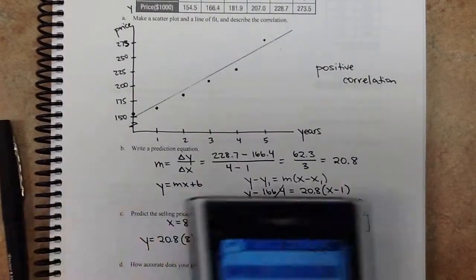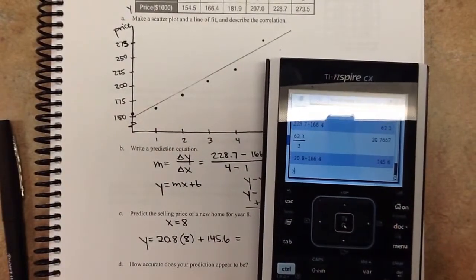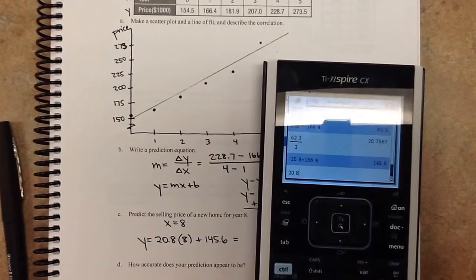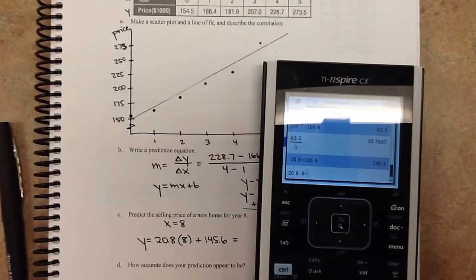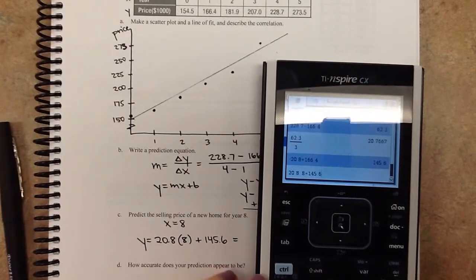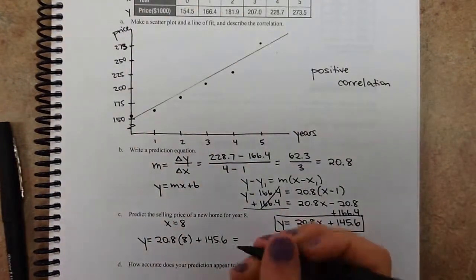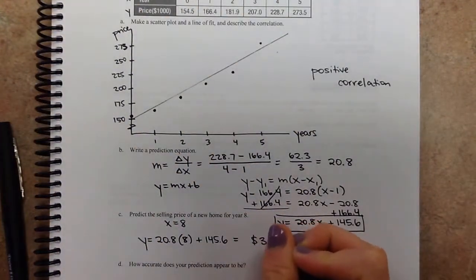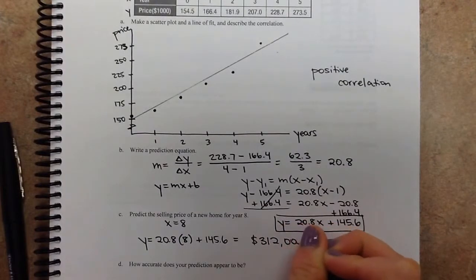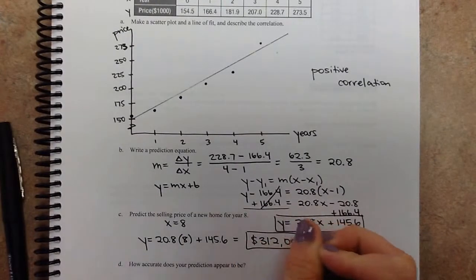So we can just plug this all in, and I will show you that. You can do 20.8 times 8 plus 145.6. You can just plug that in. And we get 312. So 312 is our prediction. Remember, it's in thousands, so we can write 312,000.